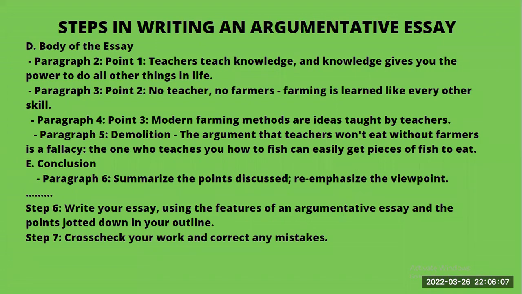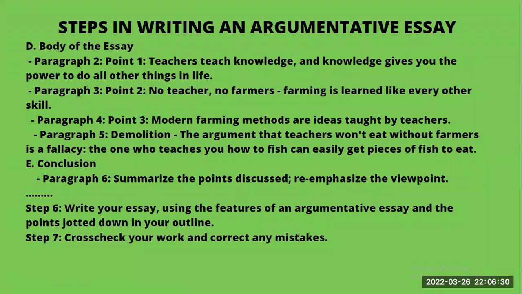So in this case, you are saying that this argument is a fallacy and that it is based on ignorance. You are saying that the one who teaches you how to fish can easily get pieces of fish to eat. So somebody who taught you how to farm can produce farm produce by himself.